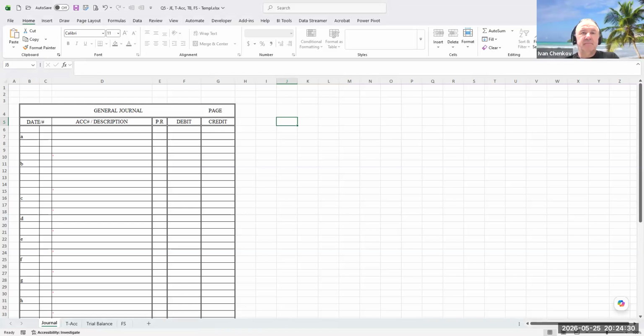Let me find another way. The other way will be to use the snipping tool, but before that I'm going to increase the font of the text so it can be bigger, like this, and then I'm going to use the snipping tool. I'm going to post it, and we're going to eliminate the Microsoft Excel itself.